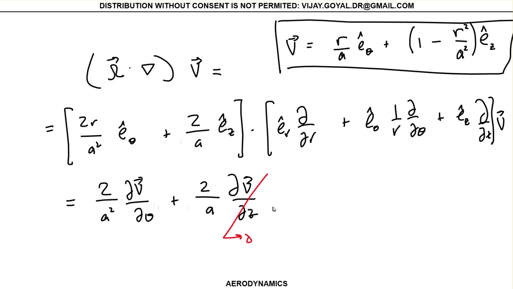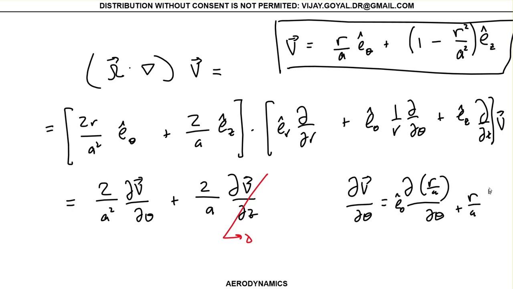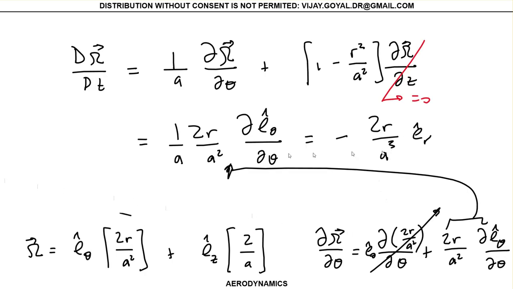And again, this will be partial of V with respect to theta, which would be partial of RA over theta E theta plus, to use the chain rule, R over A partial of E theta over d theta. This is minus ER. So when I plug this back inside here and I simplify, I find this gives me minus 2R A cubed ER. You can see I got exactly the same thing here.